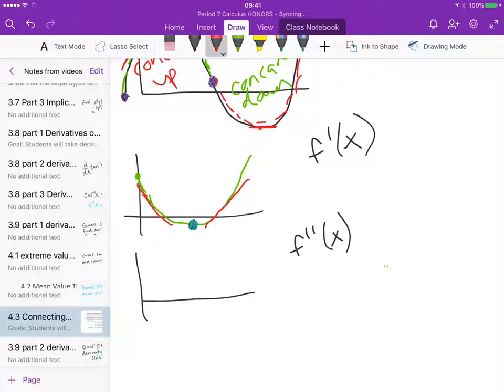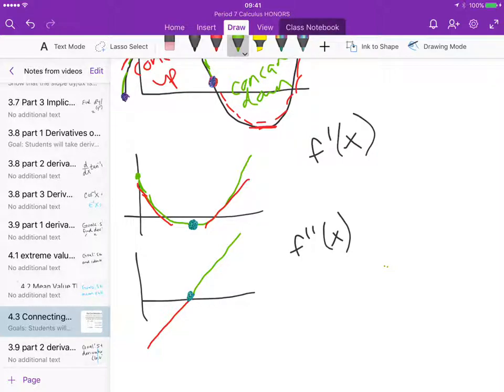So that means my derivative after that is going to be all negative values until I hit that inflection point, which changes the graph, and now it's all going to be positive in that case. So hopefully from this you can start thinking, well, what is an inflection point?